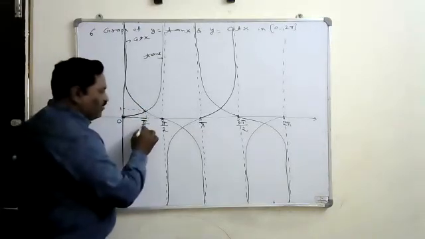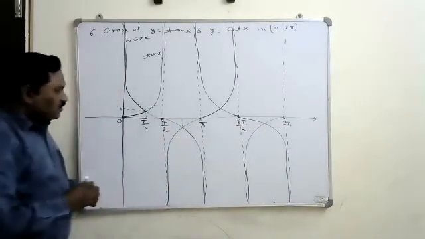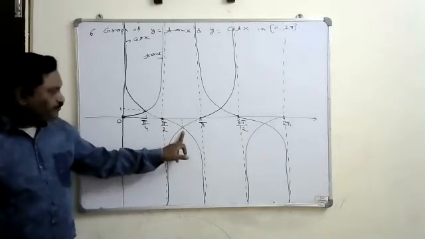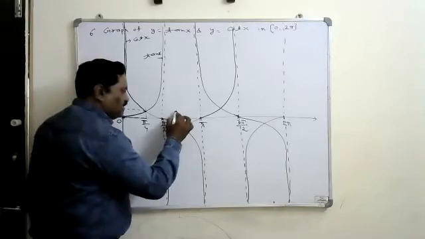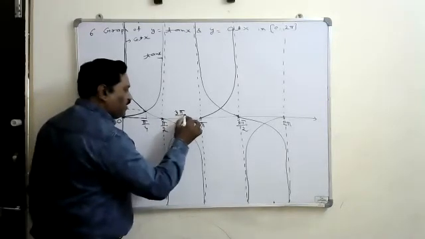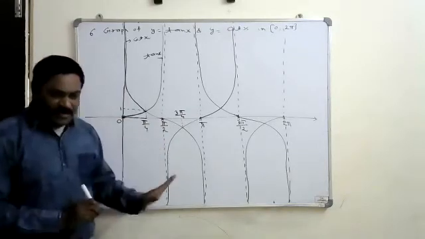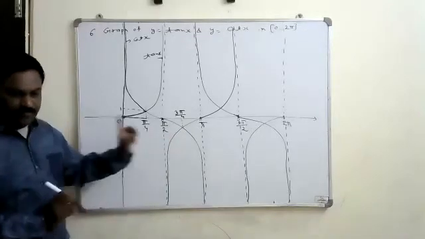Between pi by 4 up to here, from pi by 4 up to this angle. What is this angle? 135 degrees. You can call it 3 pi by 4, 3 into 45 degrees. So tan 135 degrees is minus 1, a negative value, right?